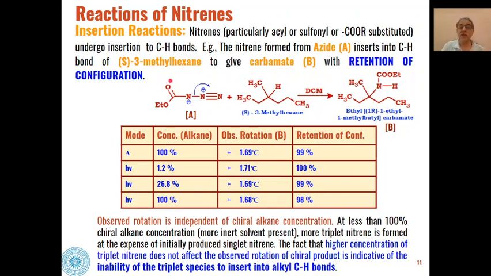For example, this is an ester containing azide. This will give us an ester nitrene. So here the nitrene formed from the azide inserts into this compound, an optically active hydrocarbon, S-3-methylhexane, in the presence of dichloromethane as solvent.